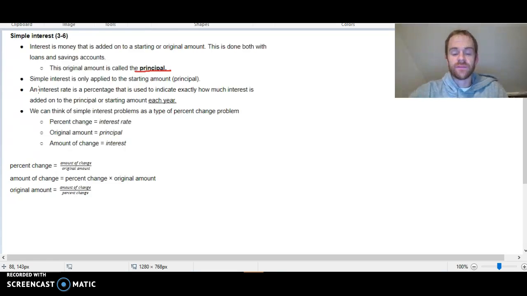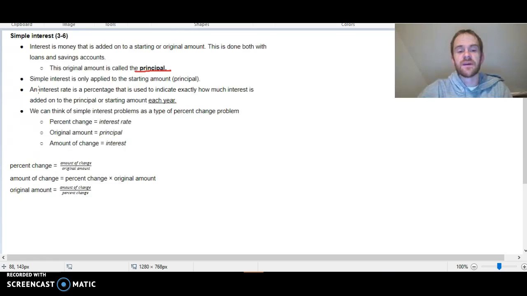And so we've talked about a starting amount, principal. We've talked about a change to that starting amount, which is our interest. And then we've talked about a percentage. So this sounds exactly like a percent change problem, which we've dealt with before. So we can really think of these simple interest problems as percent change problems.